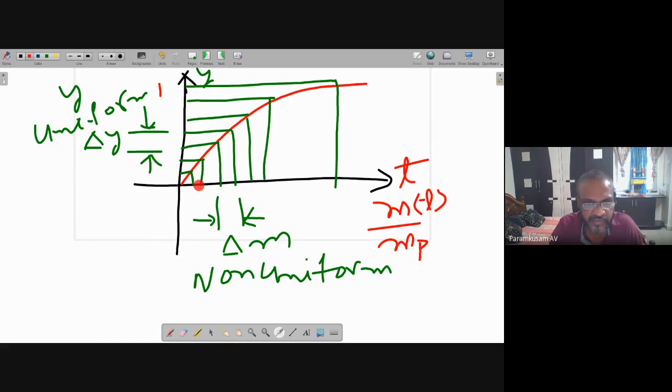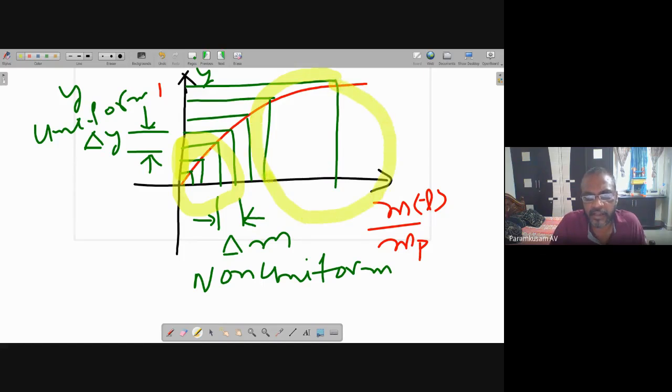So when M of t is very less, here in this region, you see y scale is uniform, and you observe that x scale intervals are very less when compared to this region.